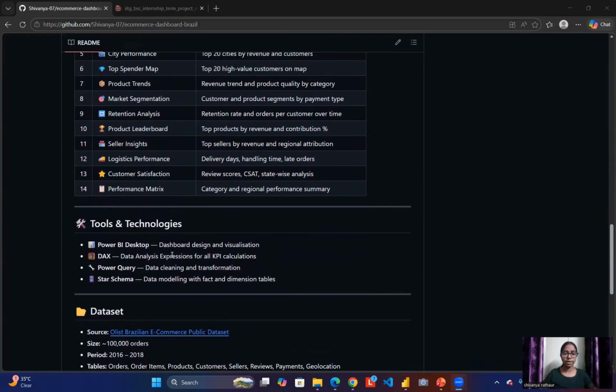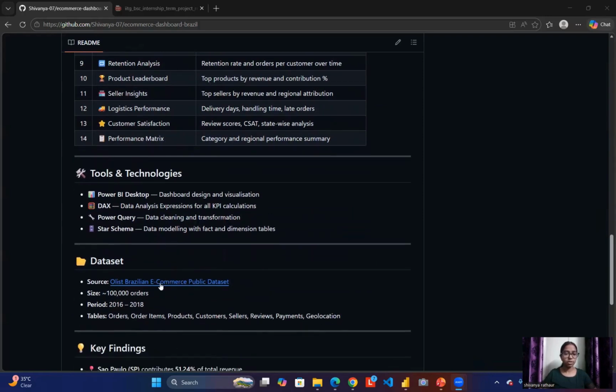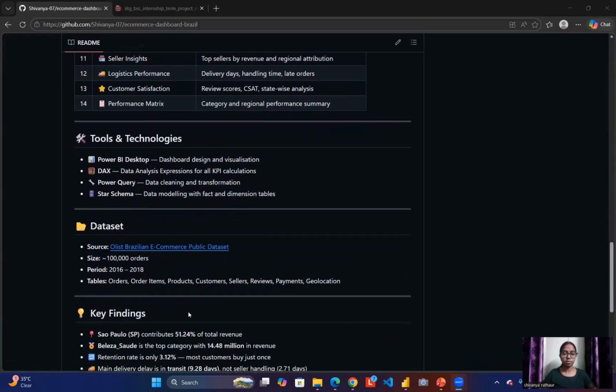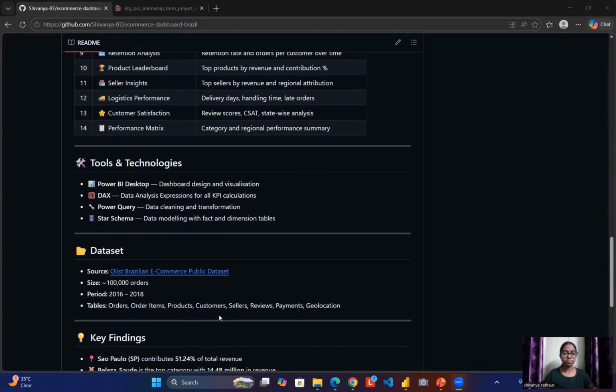I use Power BI Desktop for cleaning my data set, creating data models, and making charts. The dataset comes from a public dataset on Kaggle. The dataset has 8 different tables like orders, order items, product, customers, and so on. But the raw data has missing values and messy date formats.